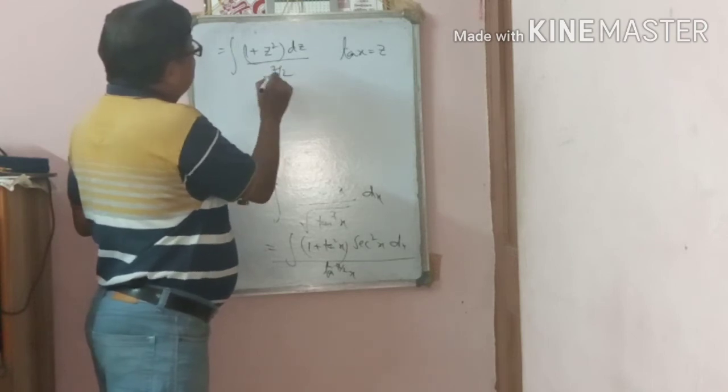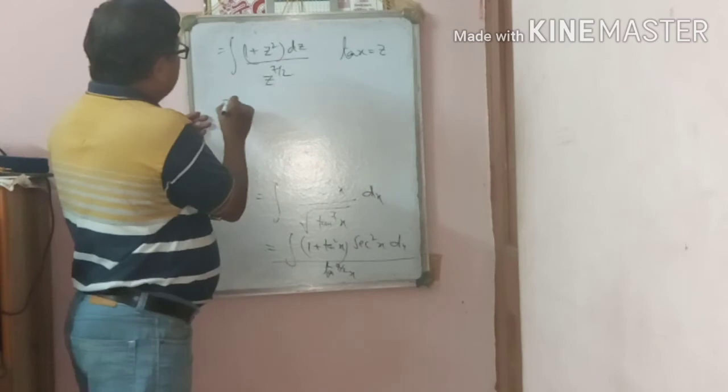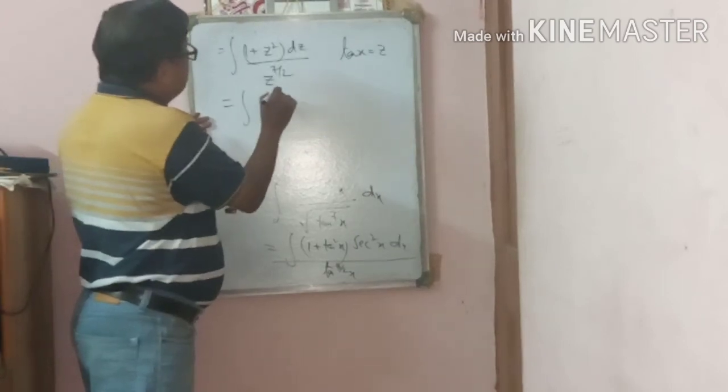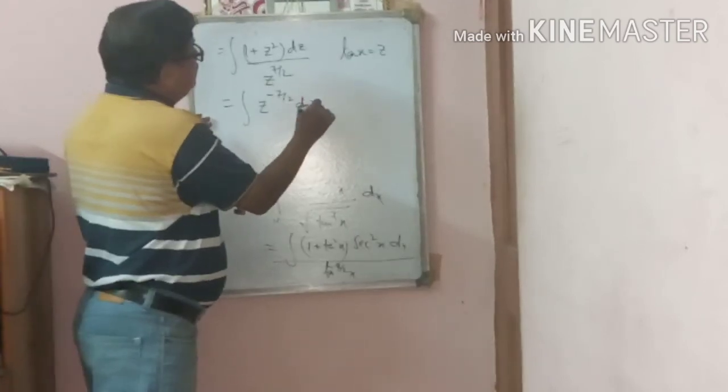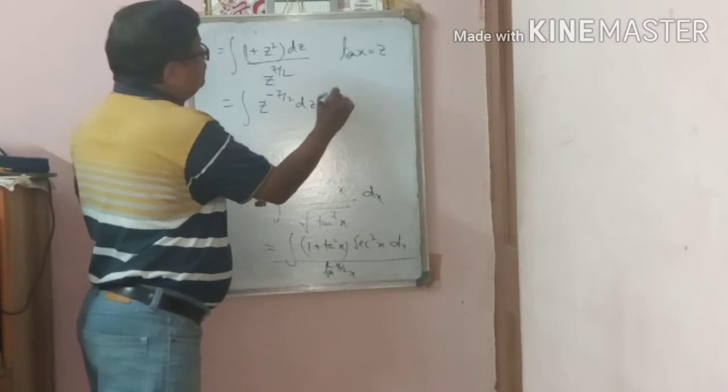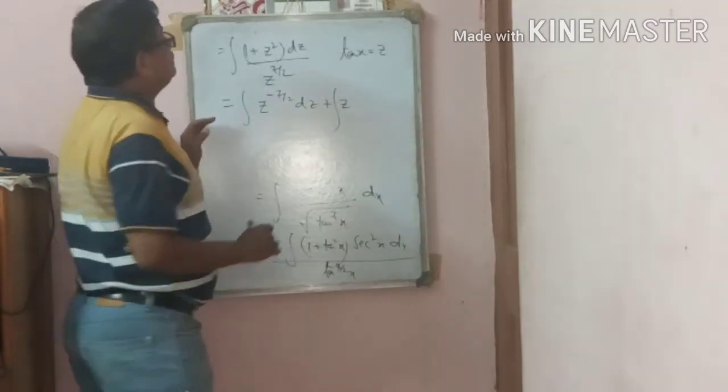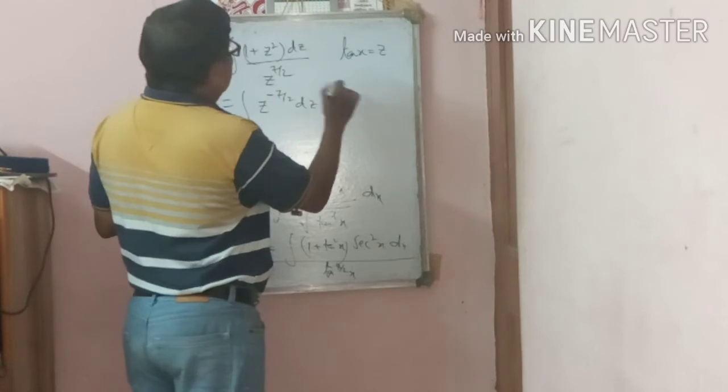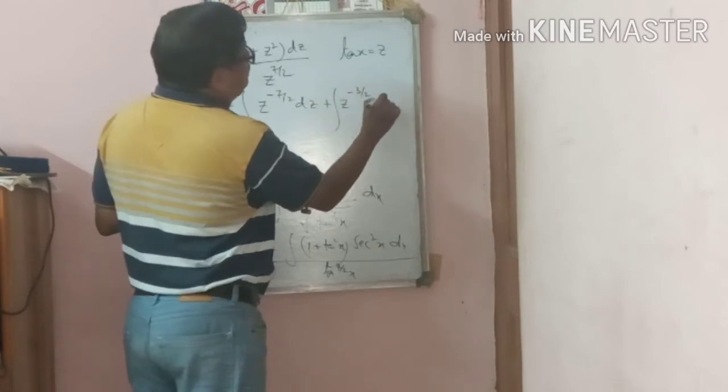So write z to the power minus 7 by 2 dz plus the integration of z to the power 2 minus 7 by 2, that is 4 minus 7 by 2, which is minus 3 by 2, dz.